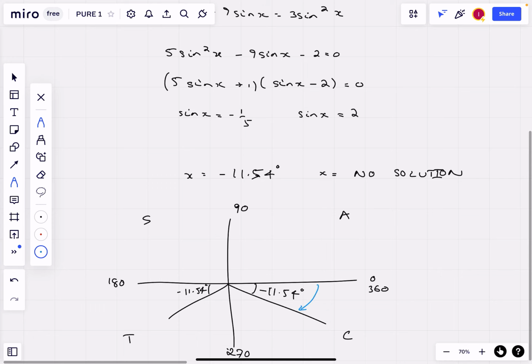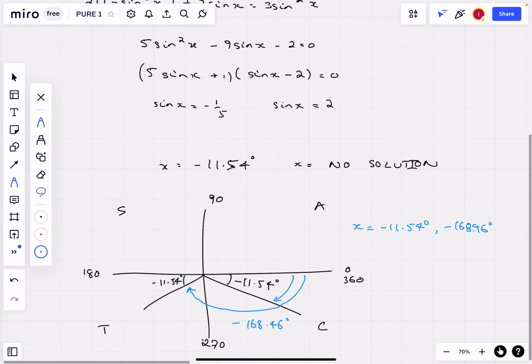So this is one solution: x can equal minus 11.54. And this is the other solution, which we would get by doing minus 180 minus 11.54, and we get minus 168.46 degrees. Sorry, it's a little cramped.